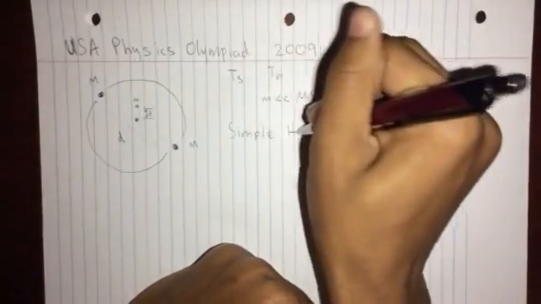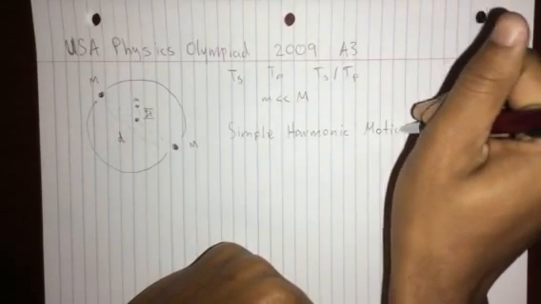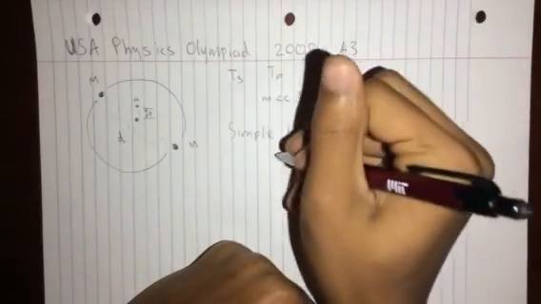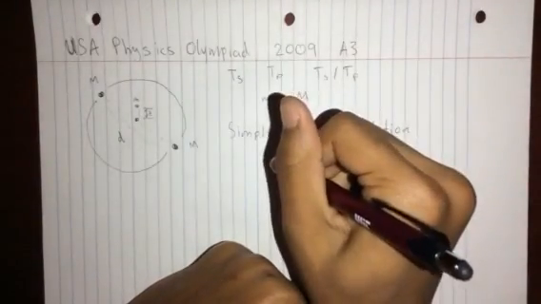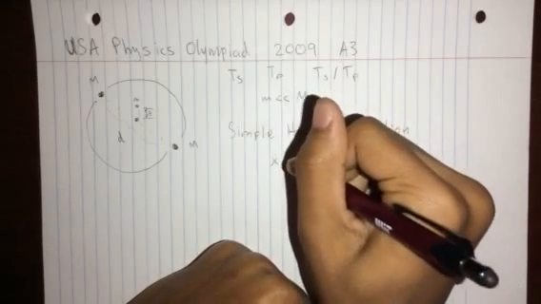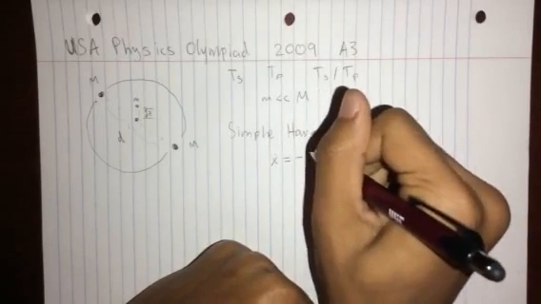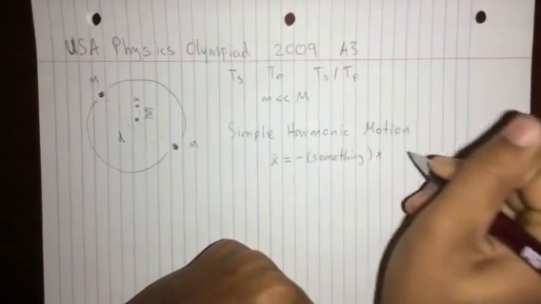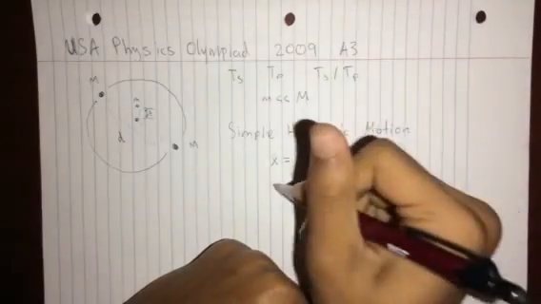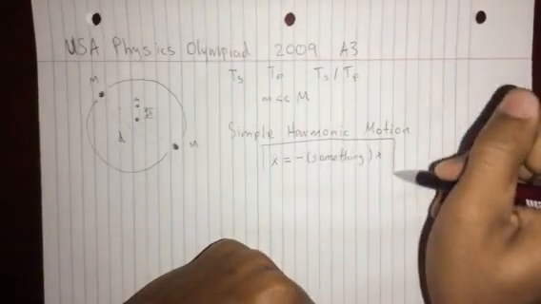One of the most beautiful things in physics is the idea of simple harmonic motion. What most high school physics teachers won't tell you is that whenever you have a differential equation of the form x double dot, the second time derivative of x, equals negative something times x, and this something could be anything, then this is an equation for simple harmonic motion.